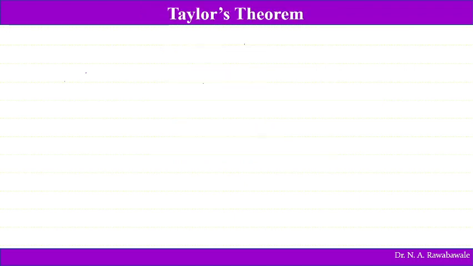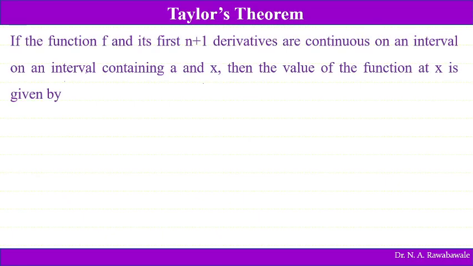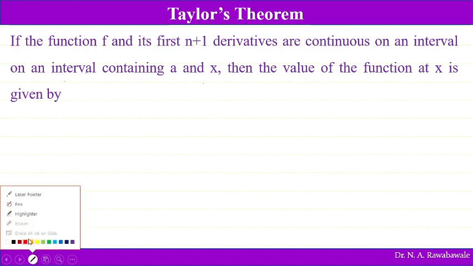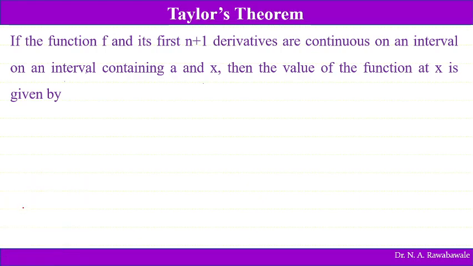Now the Taylor's theorem is nothing but if a function f and its first n plus 1 derivatives are continuous on an interval containing a and x, then the value of function f of x is given by the function as we have seen here.